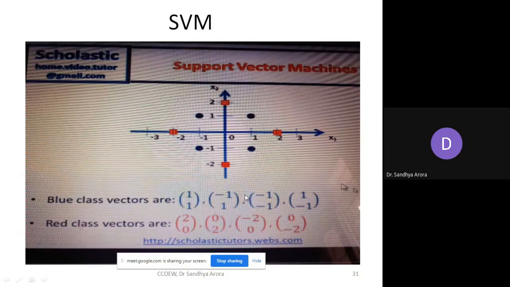So these are the 4 blue points, and these are the 4 red points, with coordinates 0 2, 2 0, -2 0 and 0 -2.